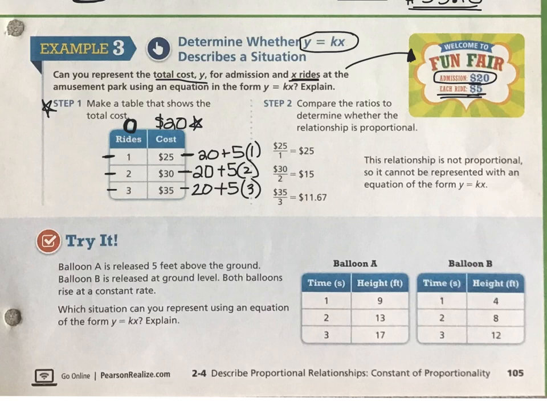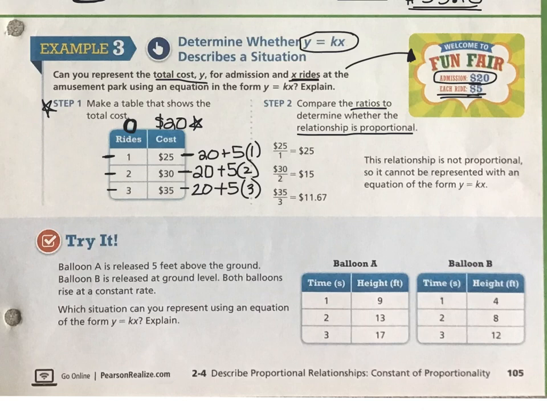So comparing and using ratios for the cost at the fair and the number of rides that you get to go on for that cost can be found by using those ratios and creating unit rates. Once we know the unit rates, we can determine whether the relationship is proportional.